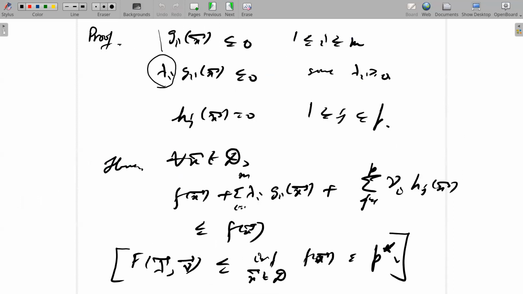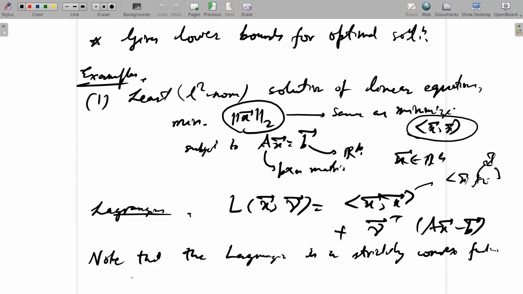The Lagrangian is a strictly convex function in terms of x, and it has a unique minimum because of the strict convexity. In the previous case, we had actually found that unique minimum; we had a formula for it.